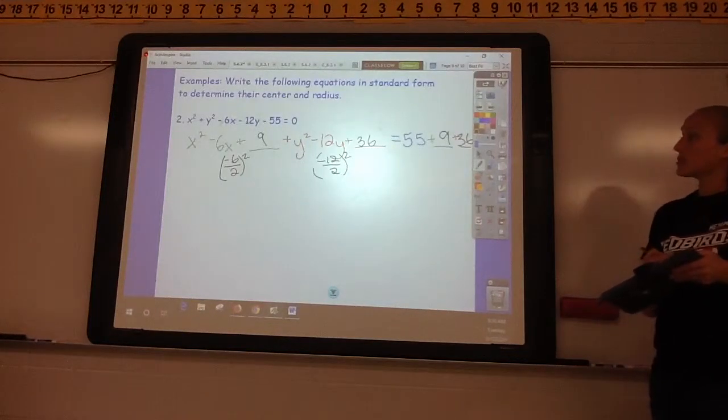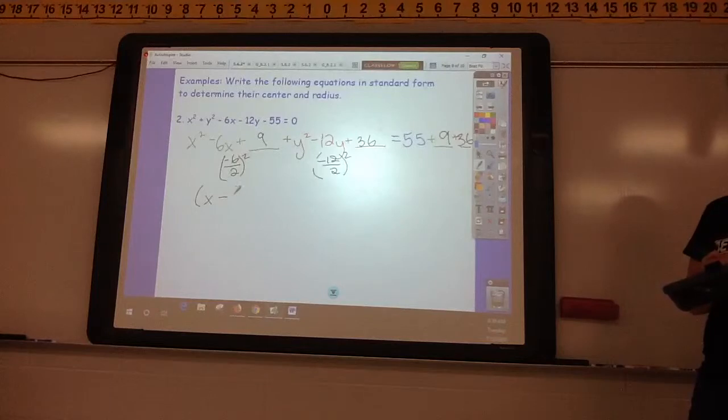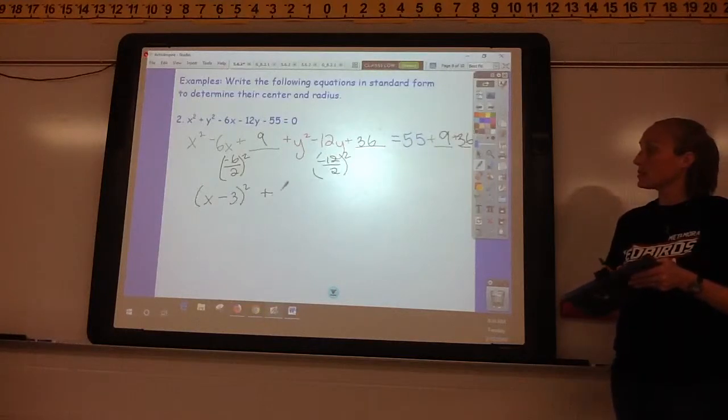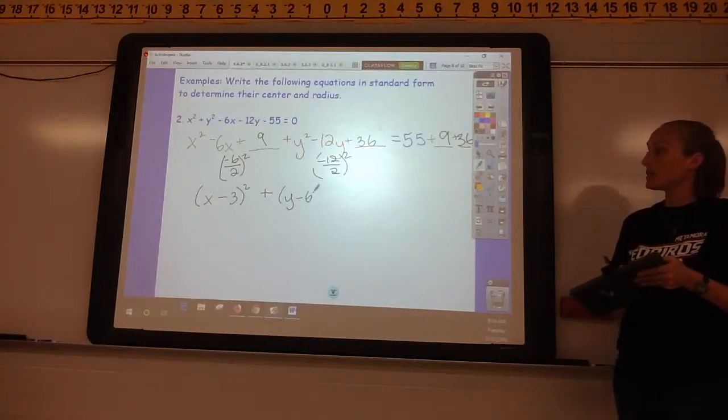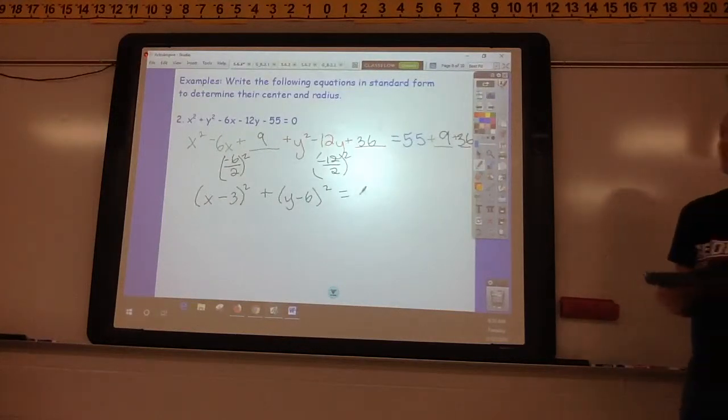Okay, factor your green one here. Okay, so x squared minus 6x plus 9 becomes x minus, because I had a minus in there. Remember, this negative 6 divided by 2, if you take the square part away, is your answer. So it's minus 3 squared plus, and then what I had in here was negative 6, so it's going to be y minus 6 squared is equal to, and then add your 55, your 9, and your 36 together.